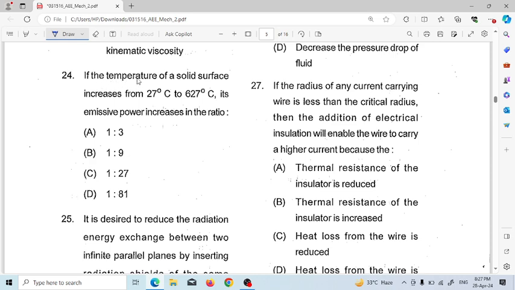Next question number 24. If the temperature of a solid surface increases from 27 degrees centigrade to 627 degrees centigrade. So let's just convert it into Kelvin. So temperature 27 is equal to 300 Kelvin, and this is also 900 Kelvin. So the temperature difference is 600 Kelvin.